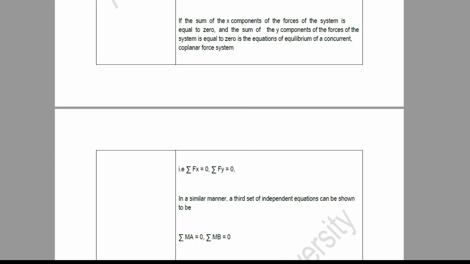In a similar manner, if we find out the moments, then the moment about point A and the moment about B, MA and MB, should also be 0 for the system to be in equilibrium.